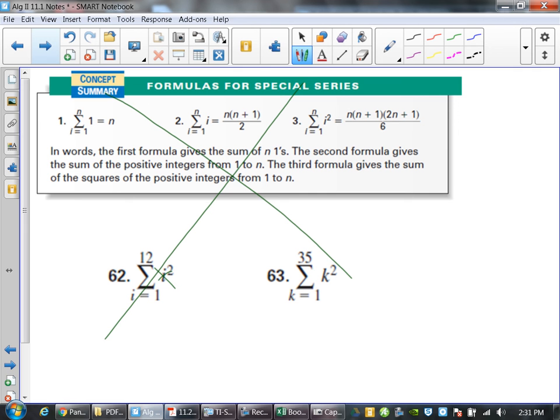It's dumb. There's a button on your calculator. We don't even bother with this anymore. So again, don't worry about that because you're going to have a button.